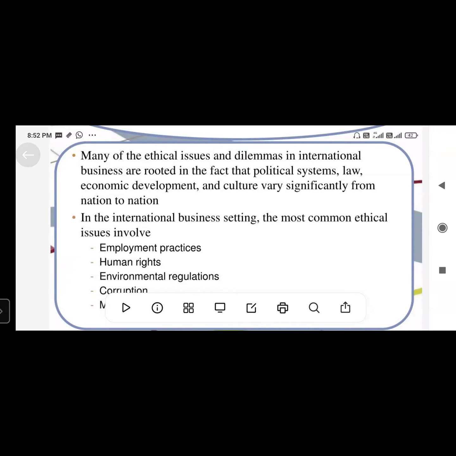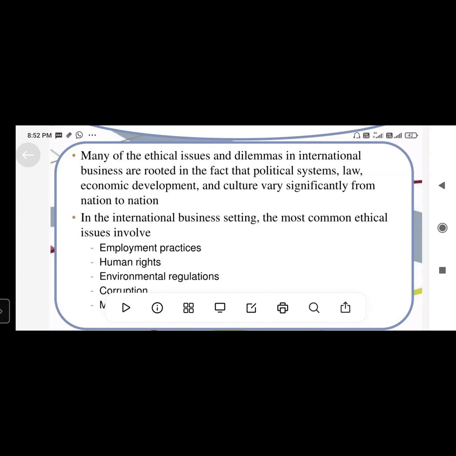Now, to protect the nature or protect the environment, most of the countries in the world, they have come up with very strict laws related to environment.